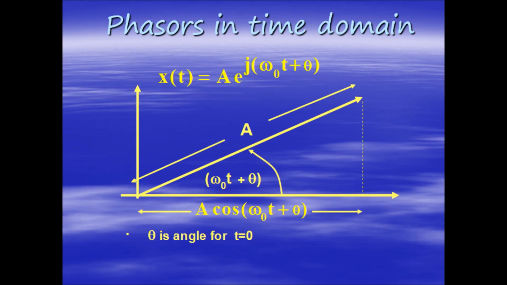Okay, next slide is a phasor, so we can find this is a vector, right? The length will be A, and the phase angle will be omega 0 t plus theta. So we have real and imaginary parts, we have amplitude and phase.